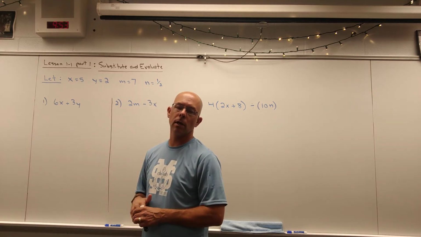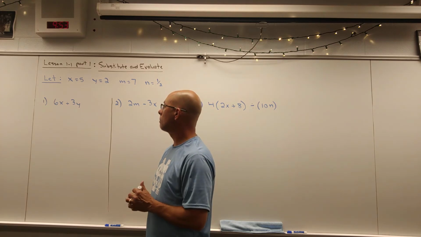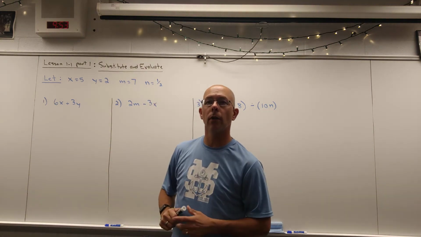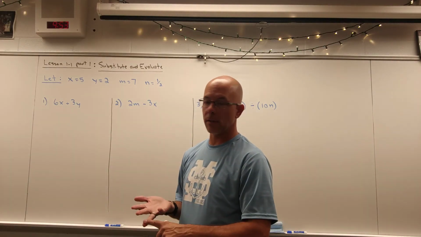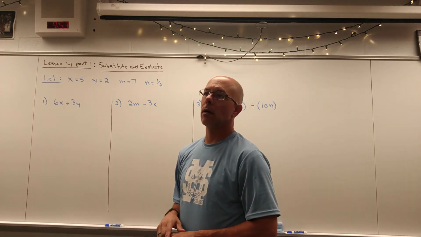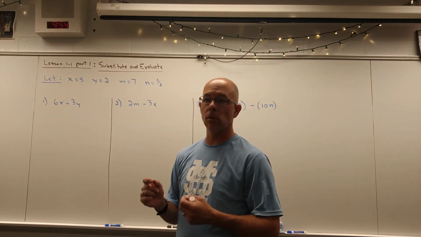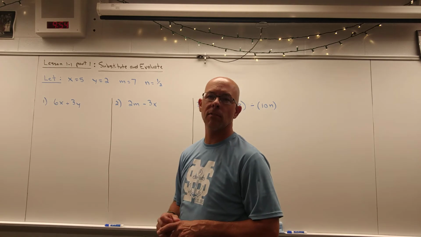When you substitute, you're going to have a couple of options, and that can get confusing. But like this says 6x plus 3y, which I hope we all know, and if we don't, here's a good reminder, that means 6 times x plus 3 times y. What I'm talking about with the substitution is you can just use a times sign if you want, and then replace the x with the number, like this time it's going to be 5.